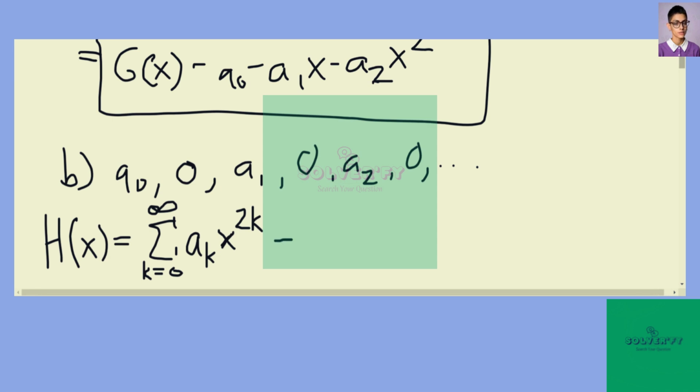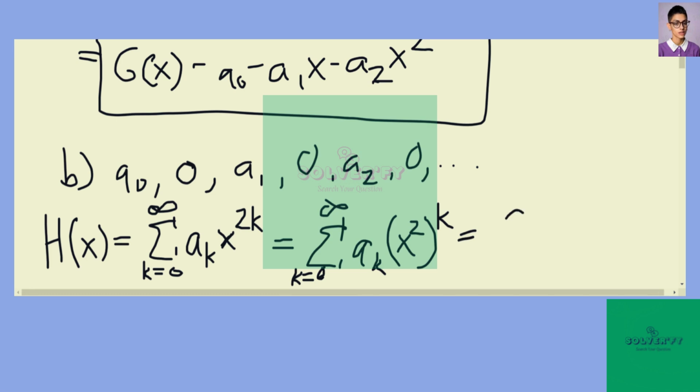We have that this is equal to the sum from k equals 0 to infinity of a_k x squared to the k, and this is by definition equal to g of x squared.